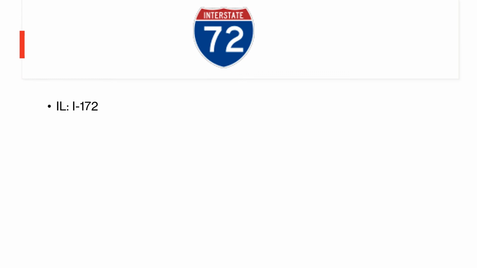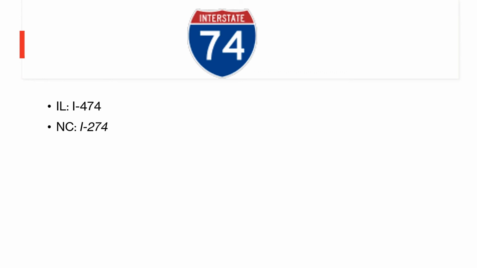I-72, you only have one, which is 172 in Illinois. 74, you currently only have one, and one's being planned. The one that exists is I-474, and the one that is being planned is I-274.